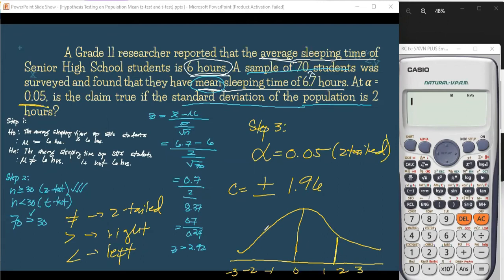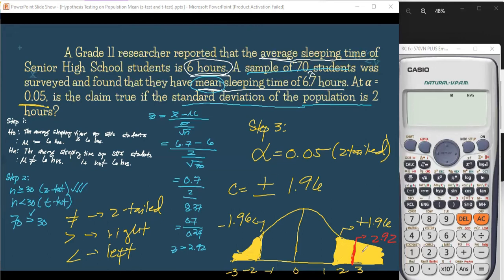At dito din po, malapit din siya kay 2, but not exactly 2 po. Ngayon po, kailangan i-plot natin si Z. Si Z po natin is 2.92. So, ibig sabihin po, malapit siya dito kay 3, but not on 3. So, dito po, si Z, which is 2.92.